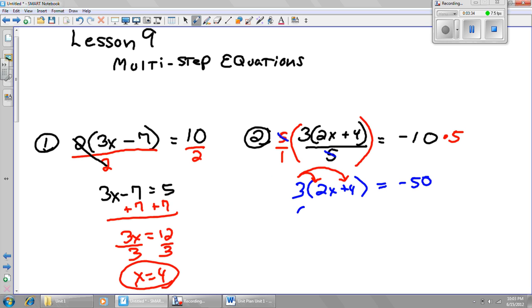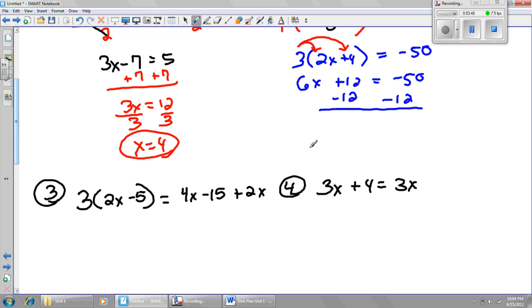3 times 2x will be 6x plus 12 equals negative 50. I'll listen to Saddam and subtract 12. And so now I'm going to have 6x equal to negative 62.